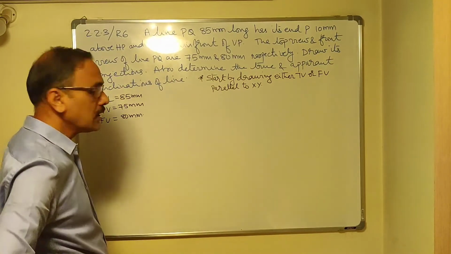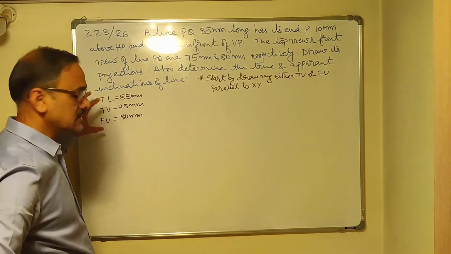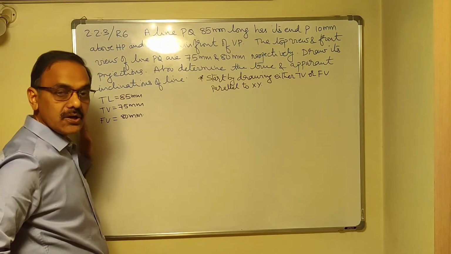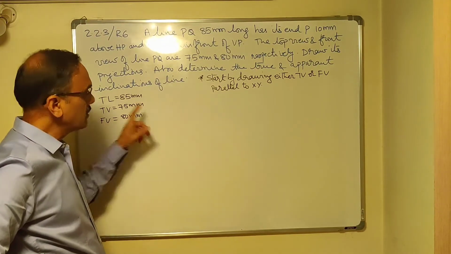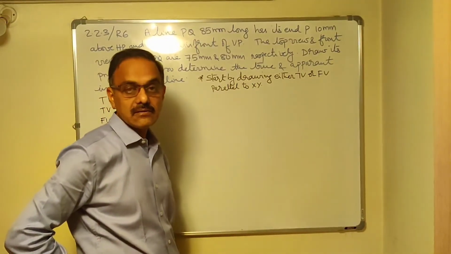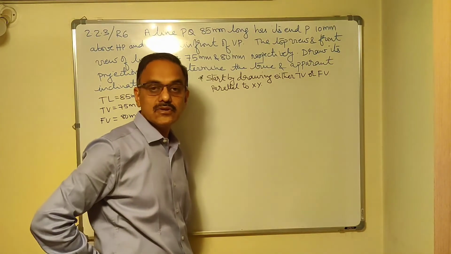One important point here: whenever you are given the true length, the top view and the front view together, we will start by drawing either the top view or front view parallel to XY. This is a very important point which you should know.